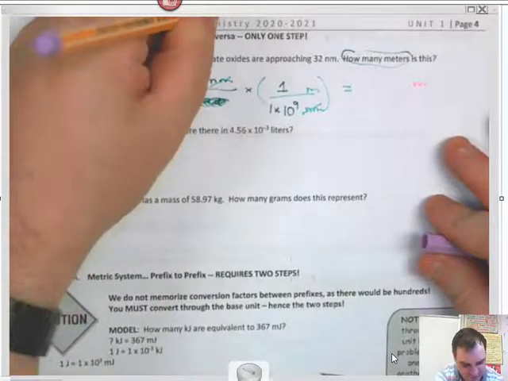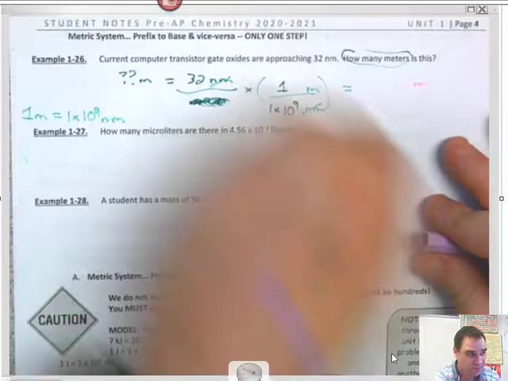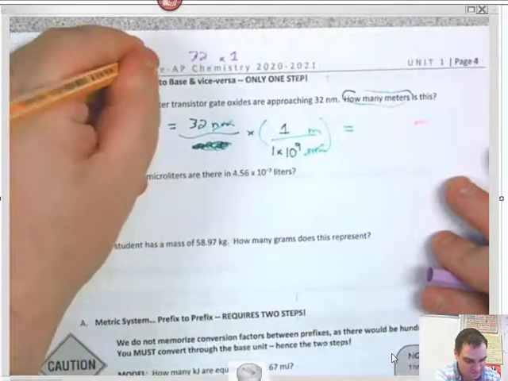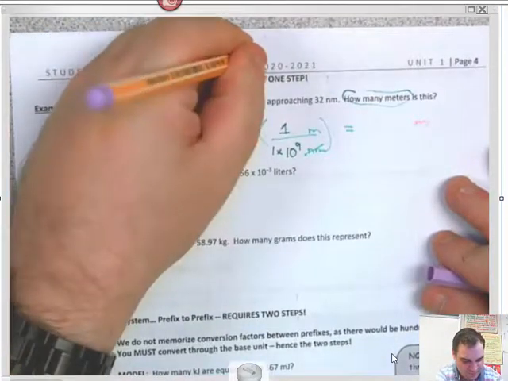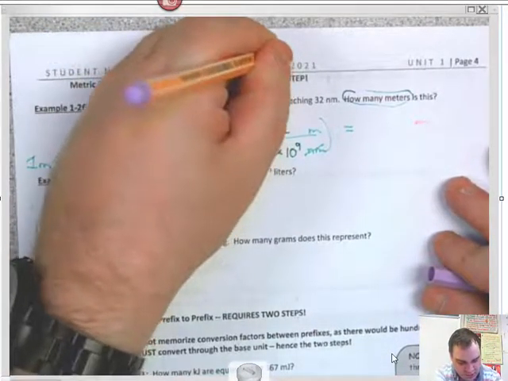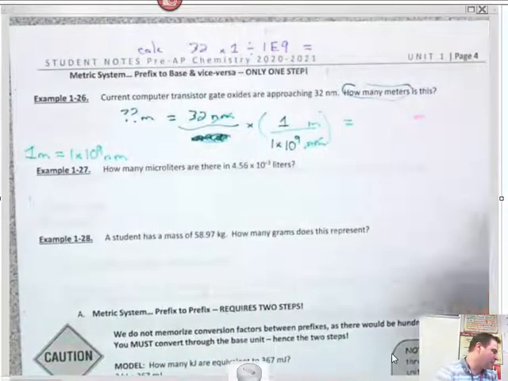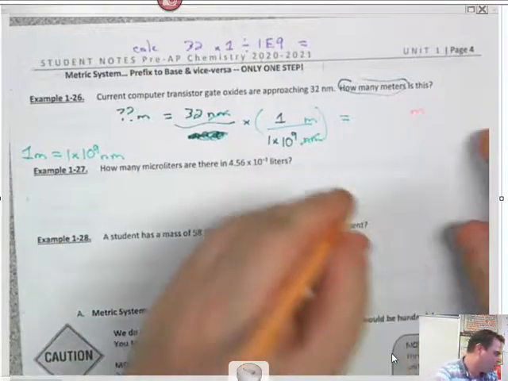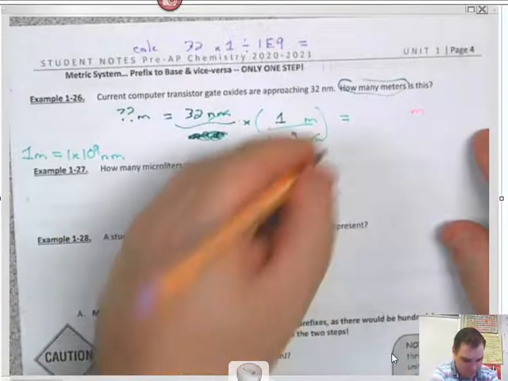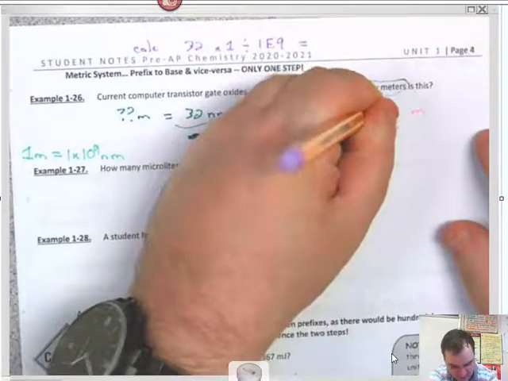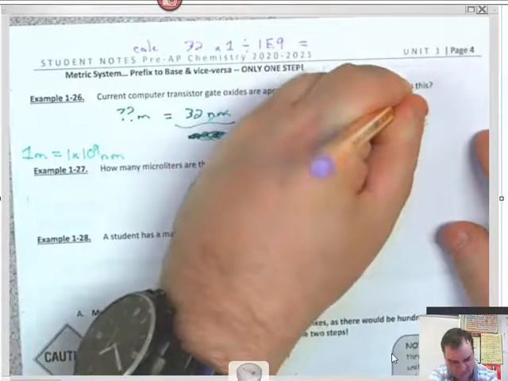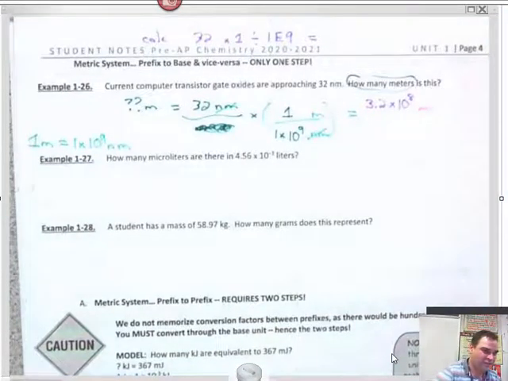So you're supposed to do 32 times 1. You can skip the times 1 if you're doing calculator. Divided by 1E9. That will get us the correct answer, which is 3.2 times 10 to the negative 8th meters.